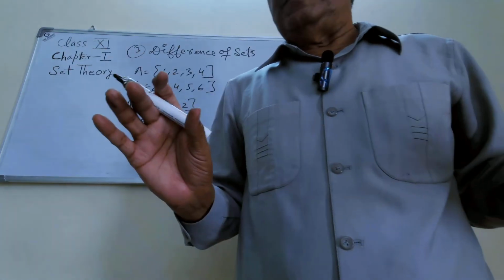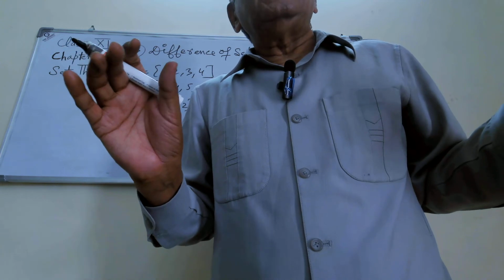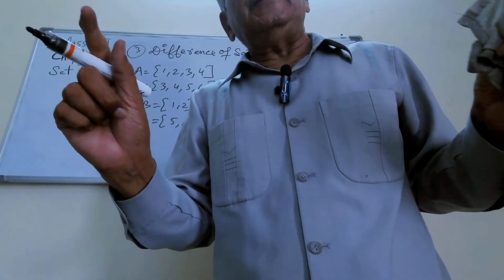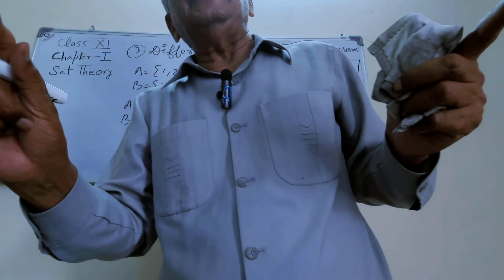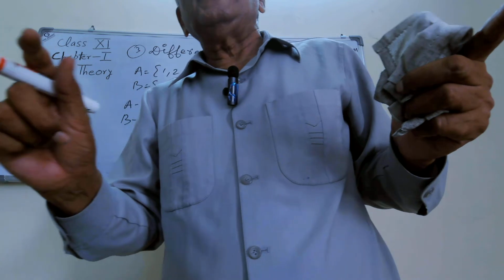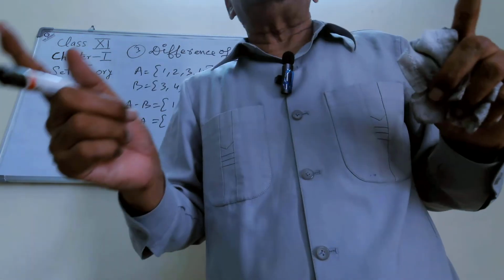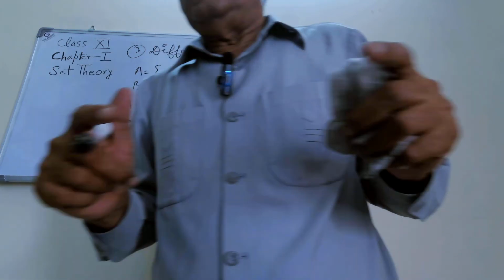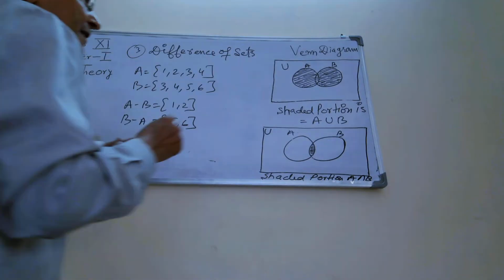In finding out the difference of A and B, you have to neglect the common elements. In A minus B, write down the elements of A. In B minus A, write down the elements of B. So, the Venn diagram.